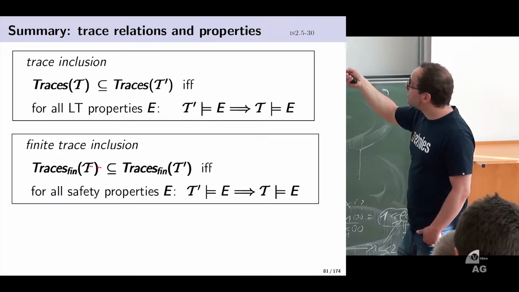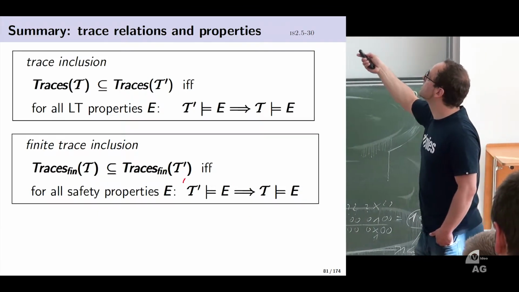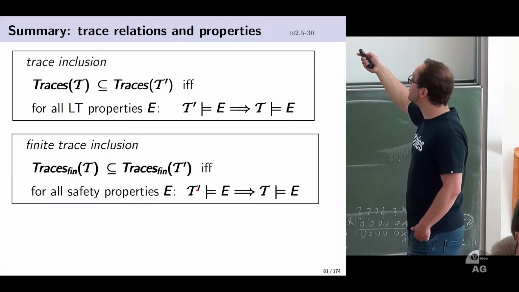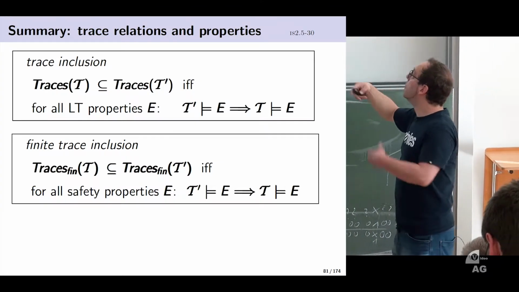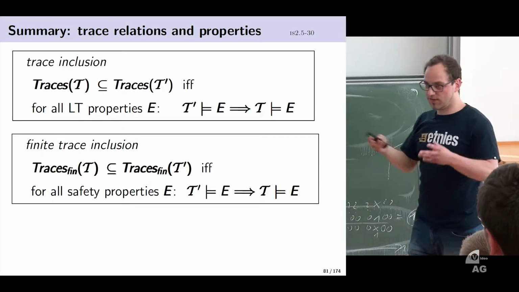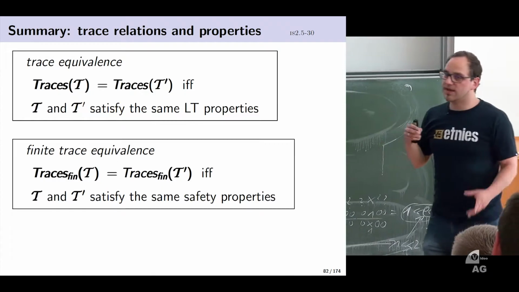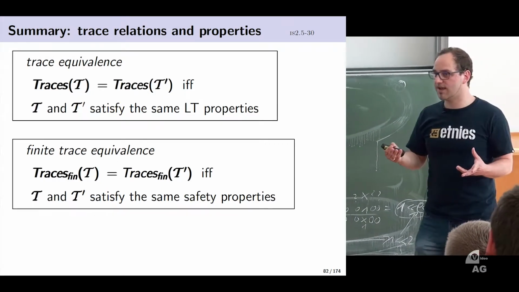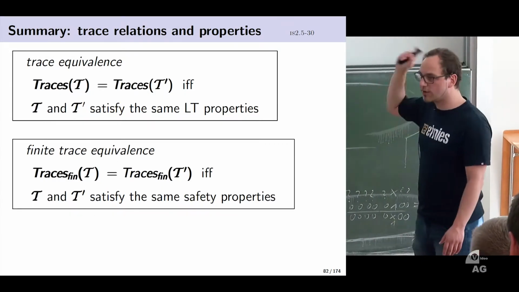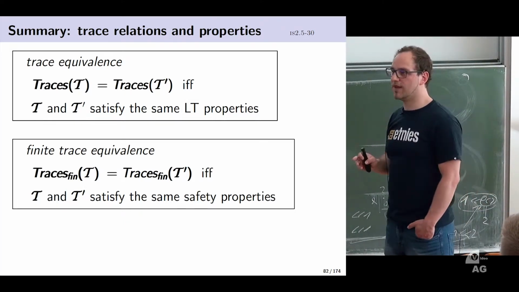It's the same thing as saying that for all safety properties, if the transition system with more finite traces satisfies the property, then so does the one with fewer finite traces. And the same thing for trace and finite trace equivalence. I'm not going to go through all of that, but it should hopefully make sense to you by now.